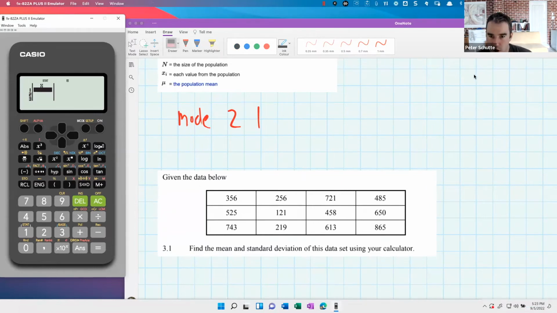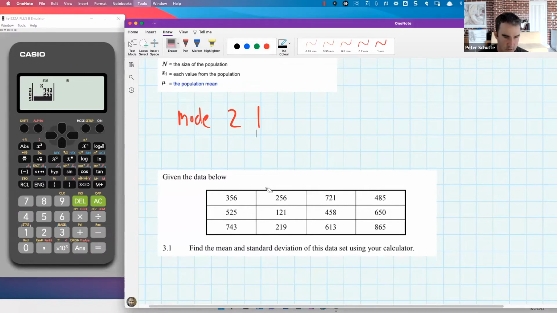Now, I want you to follow along with your calculator at home. We are going to put this data set into our calculator. We go 356 equals, 525 equals, 743 equals. Basically, what I'm doing is I'm putting these items into the memory of my calculator.